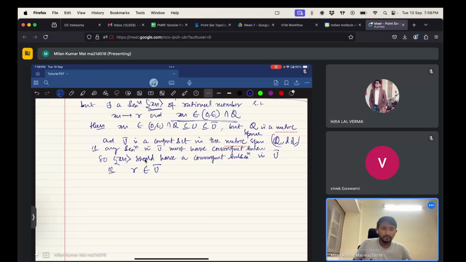If a sequence is converging and it has a convergent subsequence, the subsequence converges to the same limit. It can't be that the sequence converges somewhere and the subsequence converges somewhere else. The limit either exists uniquely or does not exist.